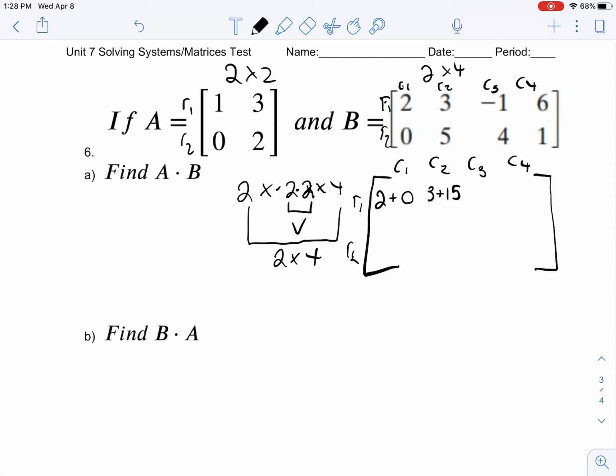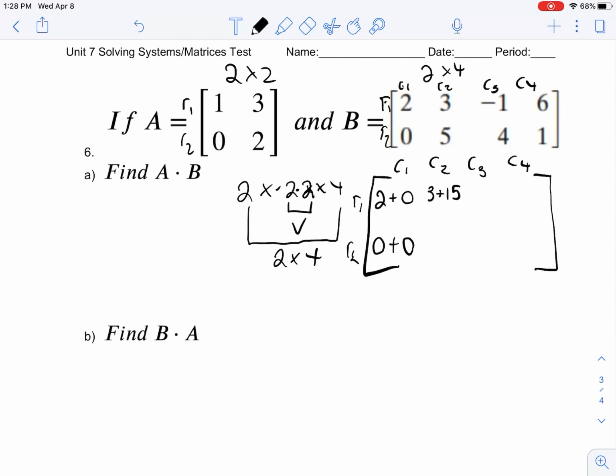Once you go through this, this is kind of the basic idea, and you're going to go through row 1 times column 3 now, row 1 times column 4, row 2 times column 1. If I do that one, I'm going to have 0 times 2, plus 2 times 0. Then you just continue along that method.